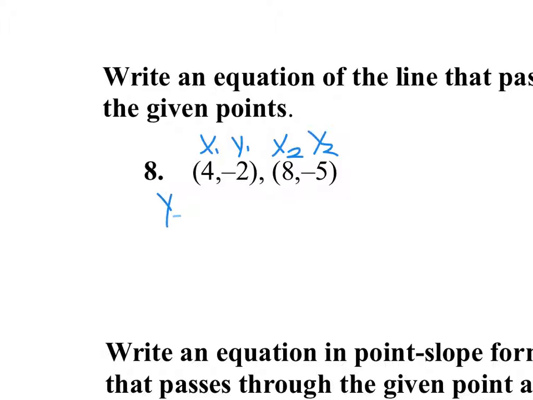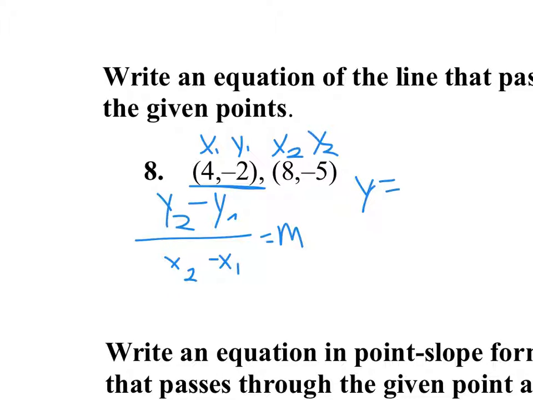Remember, here's the formula to find the slope, the m. That'll equal your m. And then I would use this point for part 2 to plug into y equals mx plus b to find your b. Okay, I would use 4, negative 2. So if you have questions, make sure you let me know.